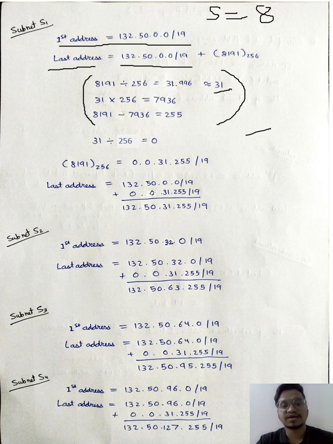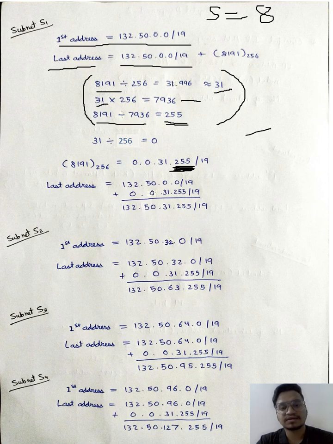The next step is multiplying the integer part, 31, by 256, and whatever result comes, we subtract it from 8191, and the result of that step will be the fourth part of that address.